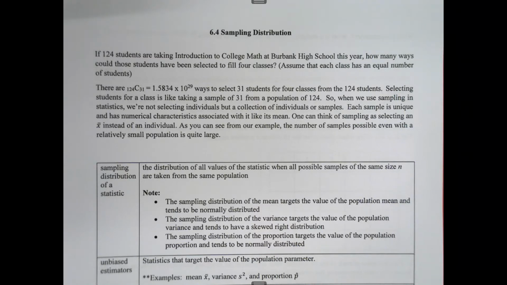It's difficult to know everything about a population. So in order to make the transition from dealing with populations to letting samples approximate our populations, we need to discuss sampling distributions. This section is a lot of theory. There's not much actual application.